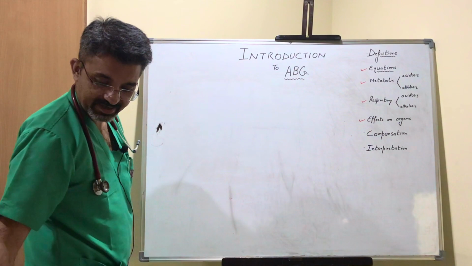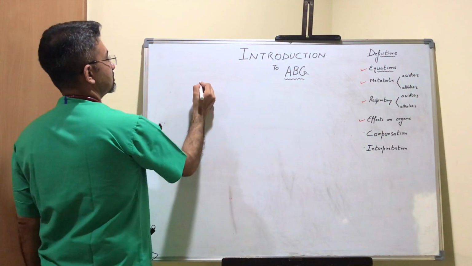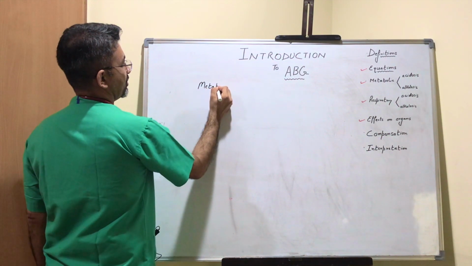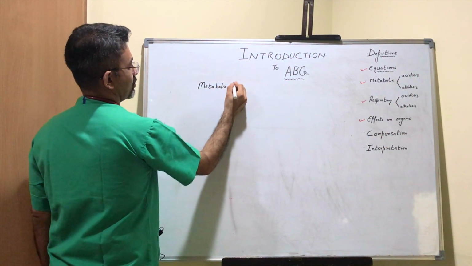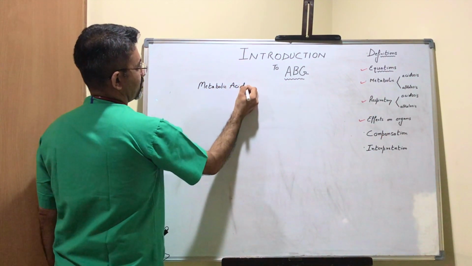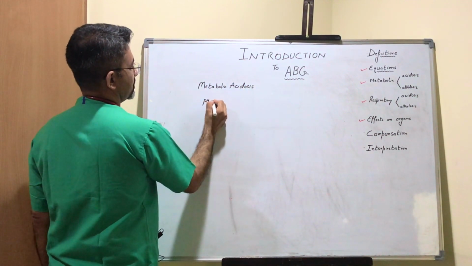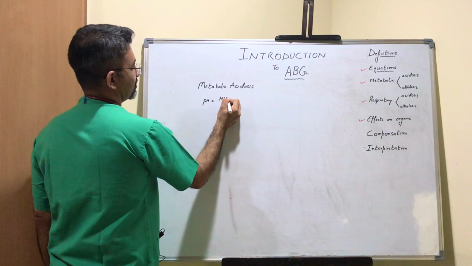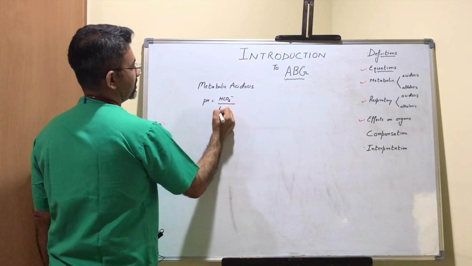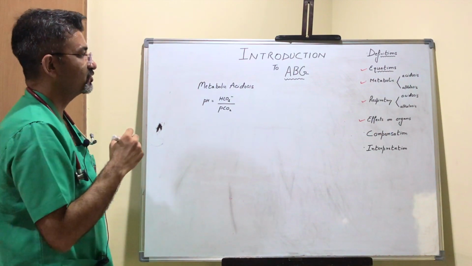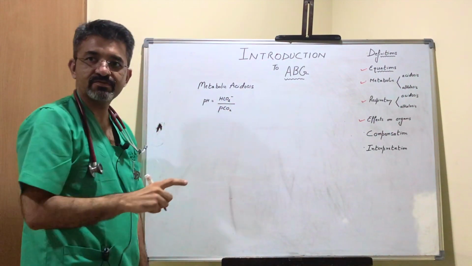So suppose I have a patient who has metabolic acidosis. I apply my equation, pH equals HCO3 divided by PCO2. What is happening in metabolic acidosis?